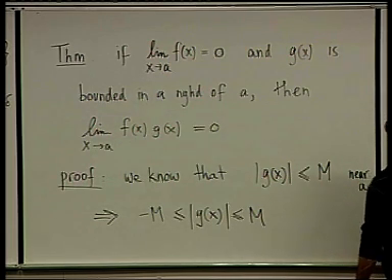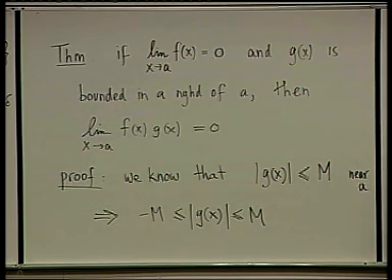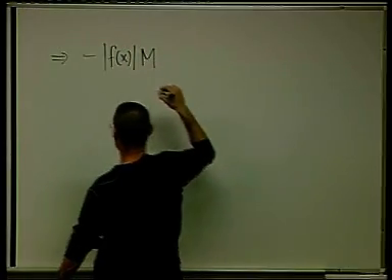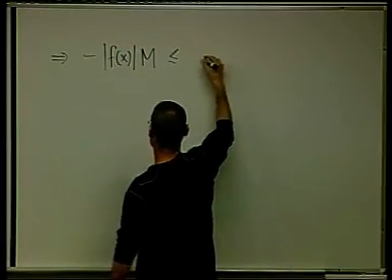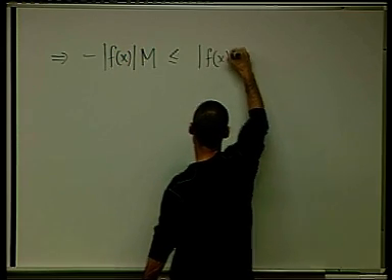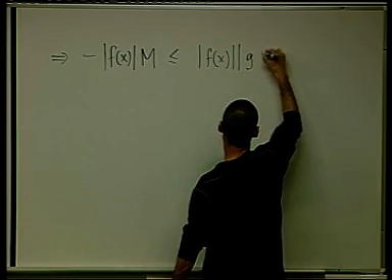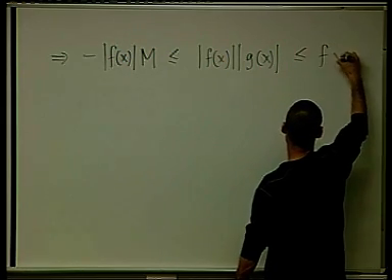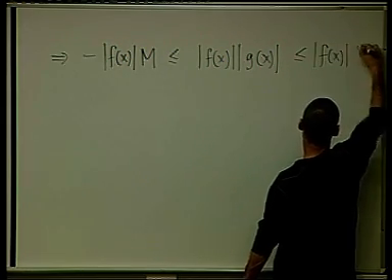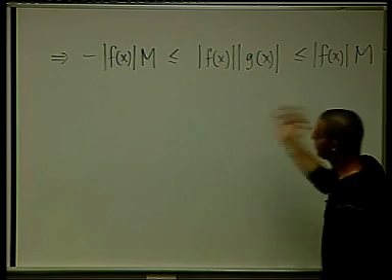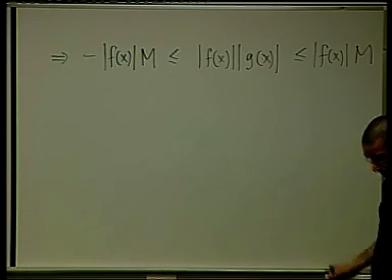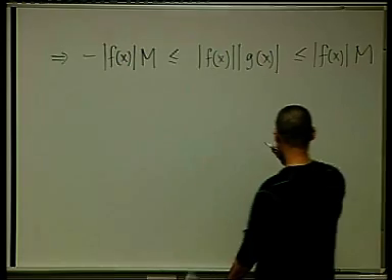So here on this board, minus absolute value of f of x times m is less than or equal to f of x times g of x, is less than or equal to absolute value of f of x times m. So I multiplied everything by f of x in absolute value, which is non-negative. Do you agree? Everybody? Okay.